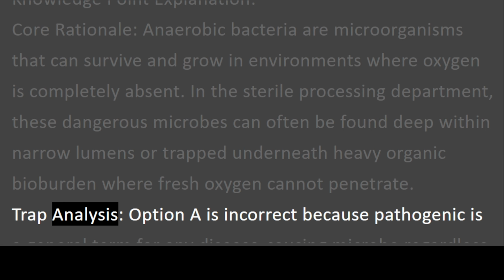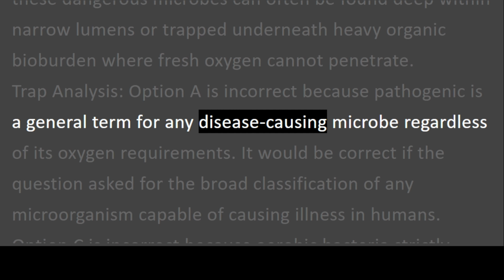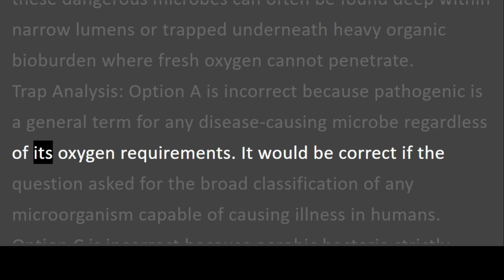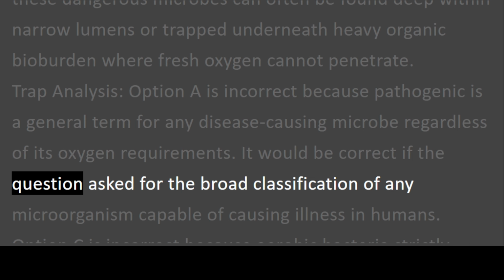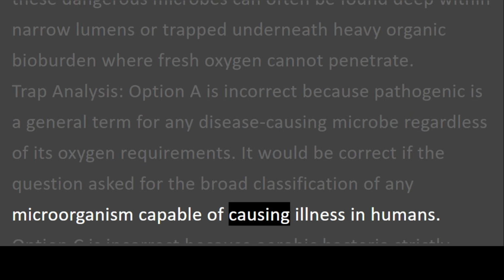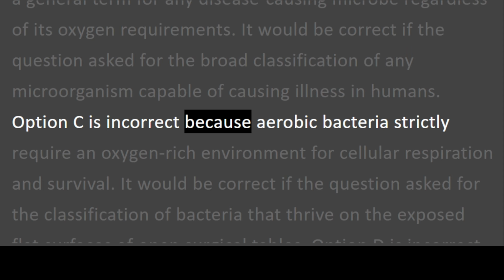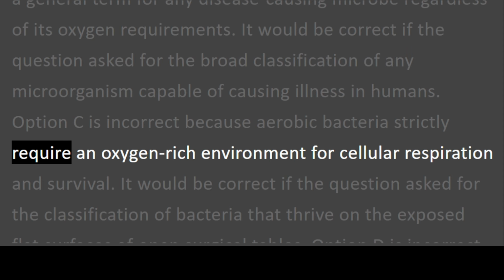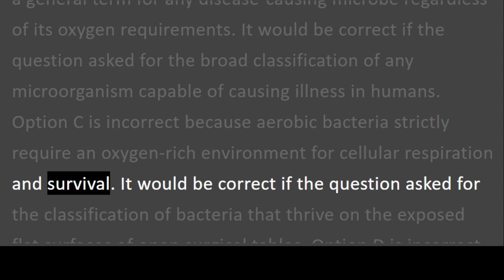Trap analysis. Option A is incorrect because pathogenic is a general term for any disease-causing microbe regardless of its oxygen requirements. It would be correct if the question asked for the broad classification of any microorganism capable of causing illness in humans. Option C is incorrect because aerobic bacteria strictly require an oxygen-rich environment for cellular respiration and survival.